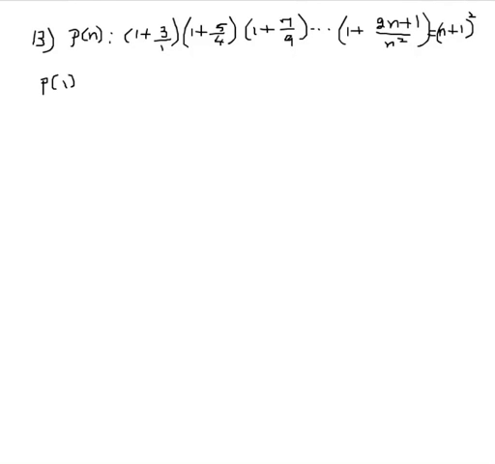Let us do P of 1. We'll have only the first term, the left hand side, and the right hand side is 1 plus 1, 2 square, so 4 equals 4. Therefore P of 1 is true.